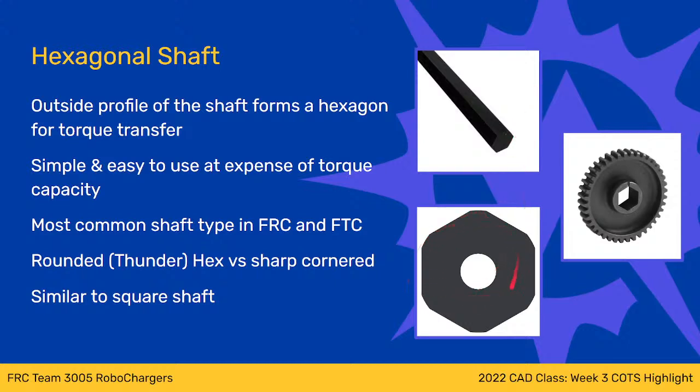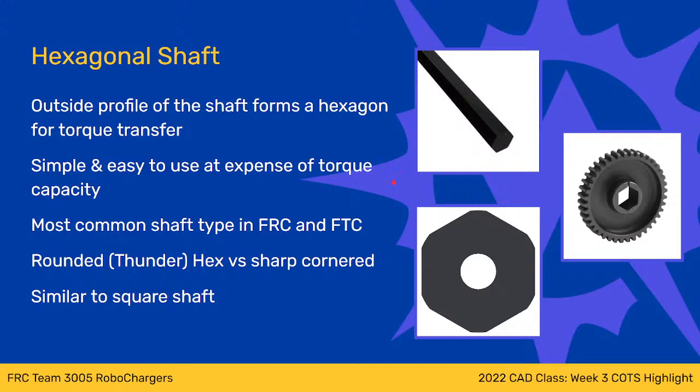Hex shafts are relatively strong in torsion because there's a lot of material in this circular region inside the shaft, and that material is doing most of the work in terms of carrying the torque. And so that allows me to have a relatively small diameter shaft that can handle quite a bit of torque.